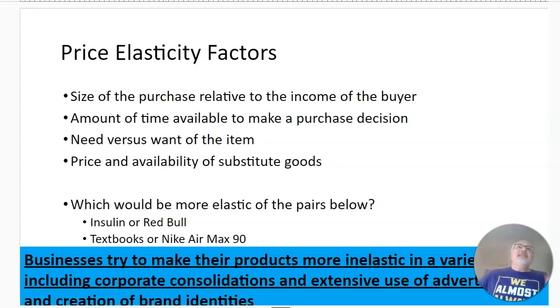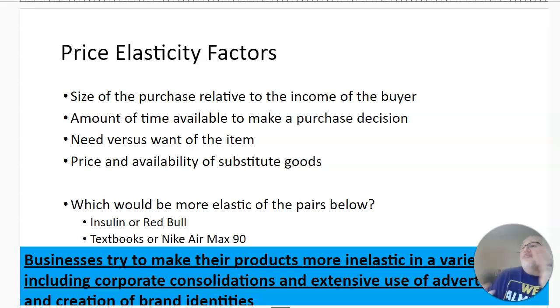So, time creates more elasticity generally. So if I have to fly to California tomorrow for a funeral, I am not going to have as much flexibility in my pricing of the airfare as I would a trip that I'm planning to take months later.